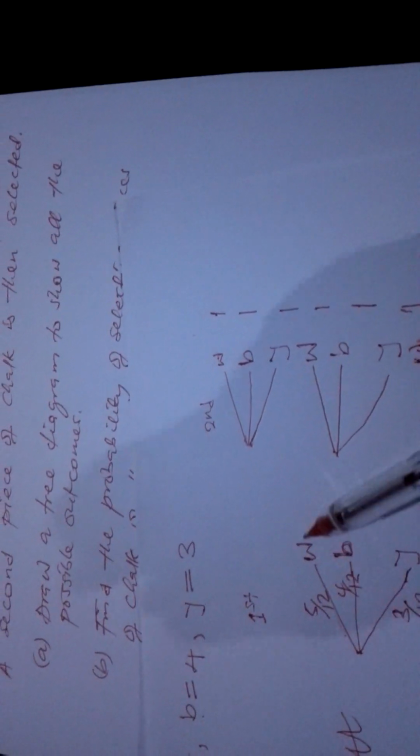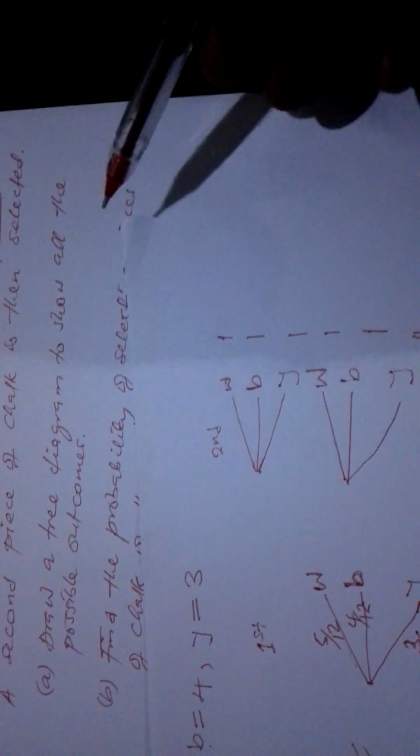Now we will be assuming that the first branch here is representing white, so we are assuming here that it was the white chalk that was picked the second time.